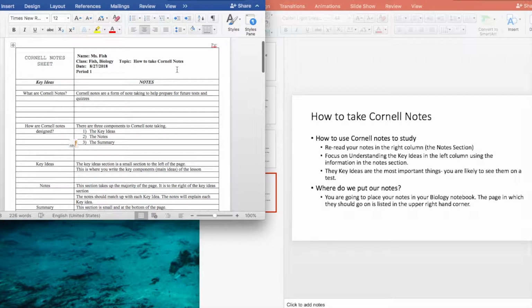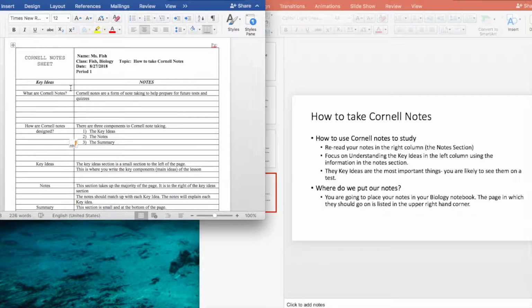So I'm going to sit here at home, maybe while I'm waiting for the bus, or you have a little break at work. You're going to take a moment and read this section of notes, starting from the top and going all the way through the bottom, the whole entire page. After you do that 1 or 2 times, you're going to jump over and go through the key ideas.